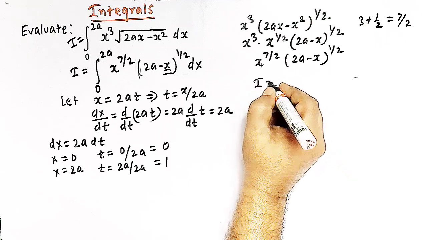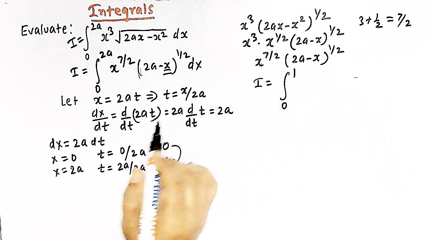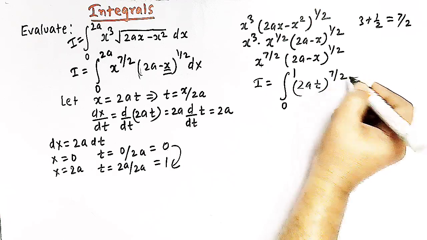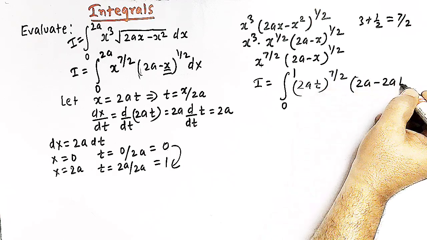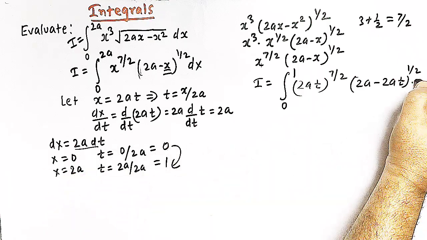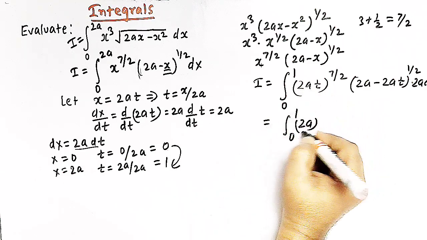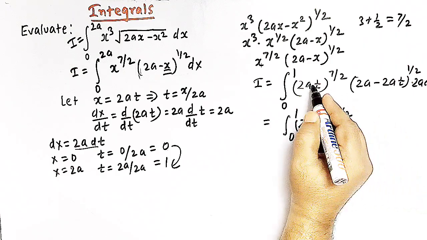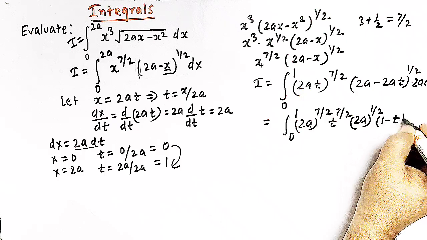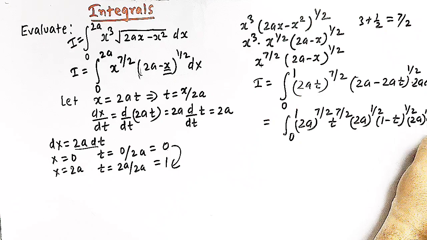Now let us write this integral I in terms of t. The limits of integration go from 0 to 1, and here we have x raised to 7 over 2, so x is 2at raised to 7 over 2, and then we have 2a minus 2at raised to half, because x is 2at, and dx can be replaced by 2a dt. So we can write the integral from 0 to 1 of 2a raised to 7 over 2 times t raised to 7 over 2, and here we take 2a common, so we have 2a raised to half and 1 minus t raised to half, and then 2a dt, that is 2a raised to 1 dt.